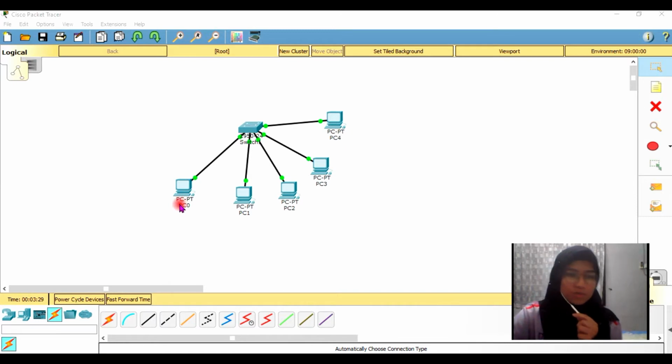Now I'm going to set the IP address for each PC: PC0, PC1, PC2, PC3, and PC4.